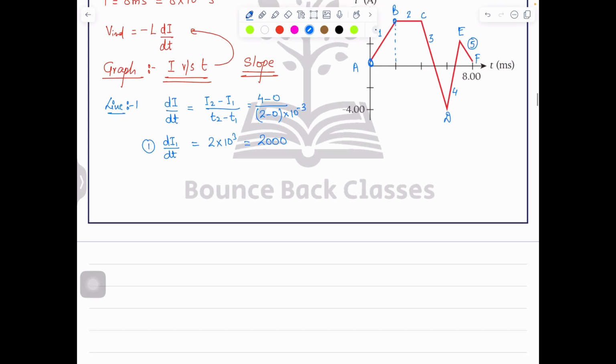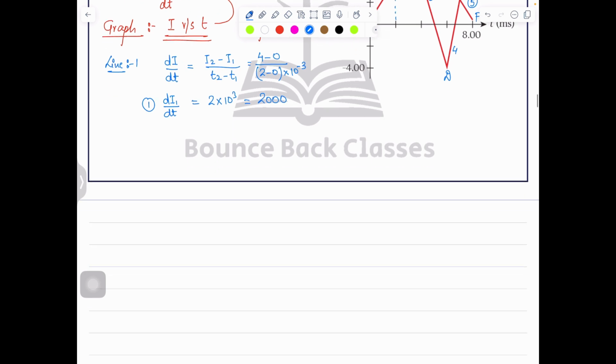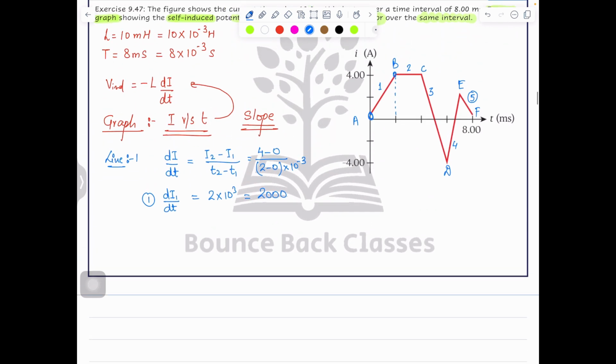Similarly, we can solve for lines 2, 3, 4 and 5, step by step. Line 2, I'll change the color. For line 2, di2 over dt: can I say I3 minus I2 over T3 minus T2. As B to C, the line is straight. So 4 minus 4 divided by time, which is equal to 0.